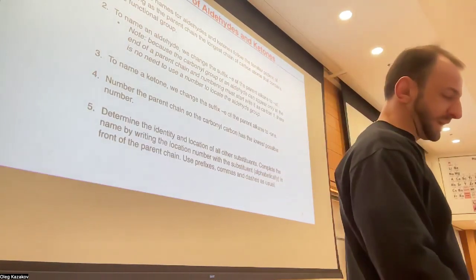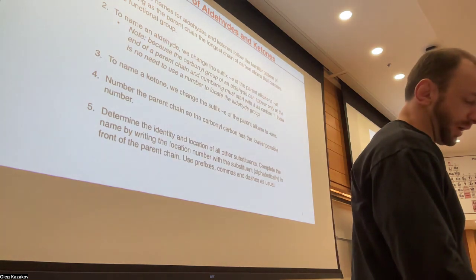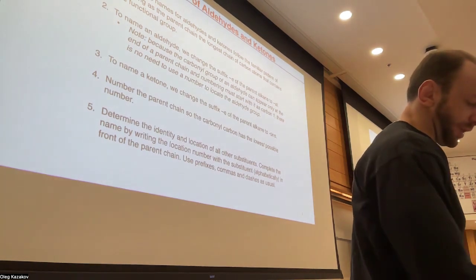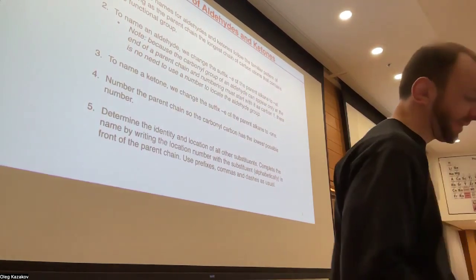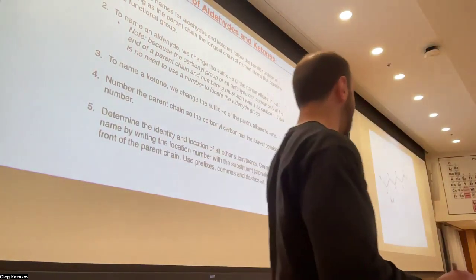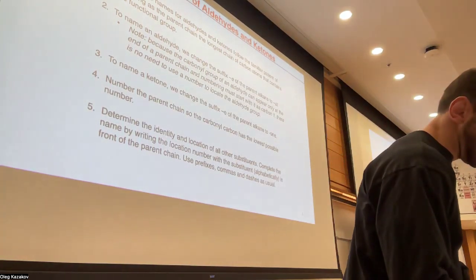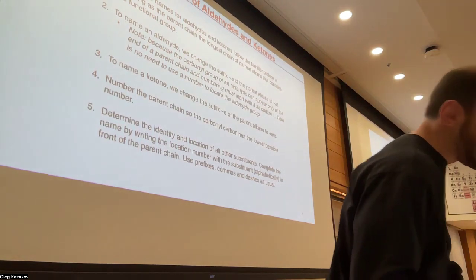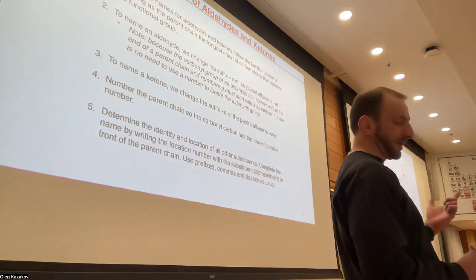In this case, we'll be numbering from this end, technically from right to left: 1, 2, 3, 4, 5, 6, and 7. Right now, we don't have any substitution on the chain. But we are going to use the root you gave me, heptane, and then we're going to use the suffix al.